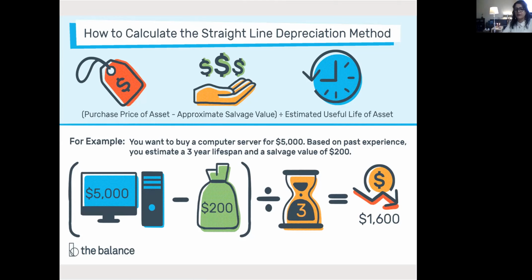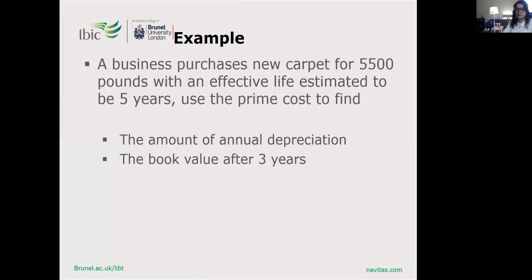Then we have the depreciation. You have another example that you can find time for yourself and go through, and if you have any questions, I'm happy to answer them during the online lecture or in the support class.